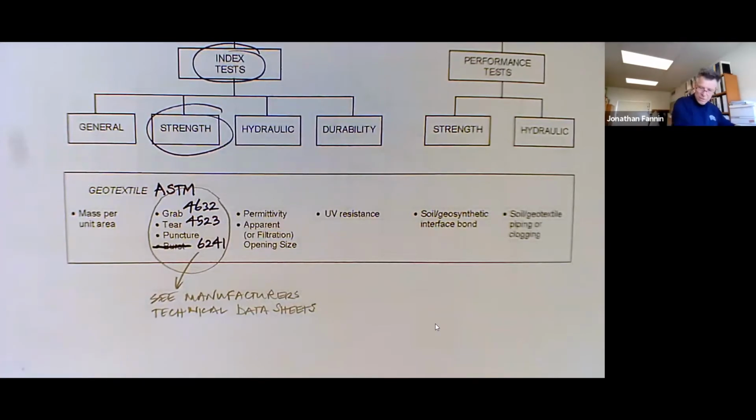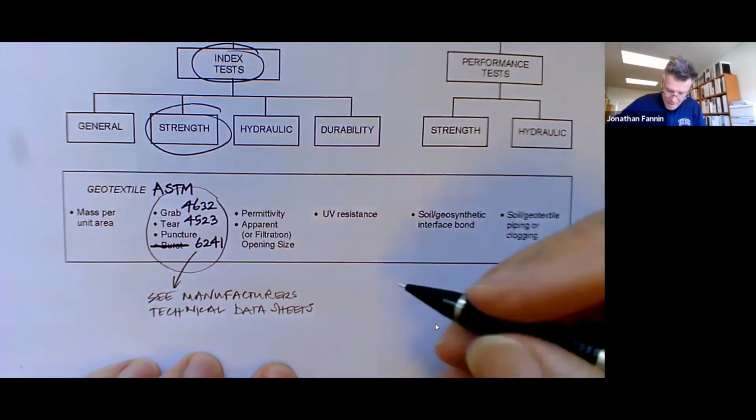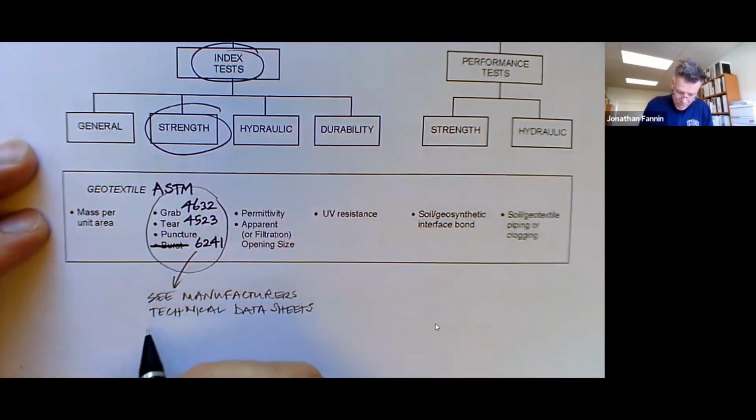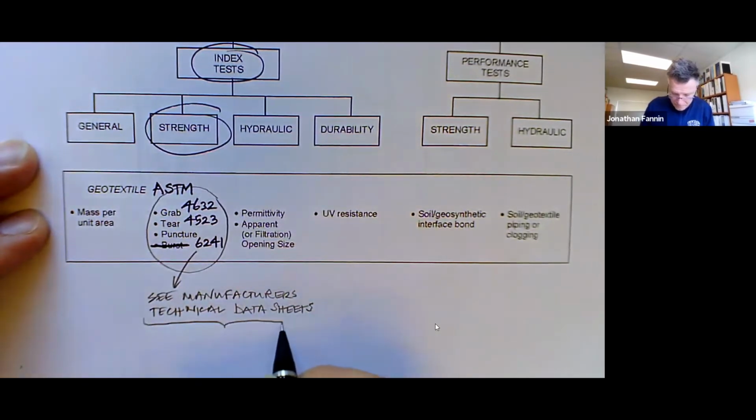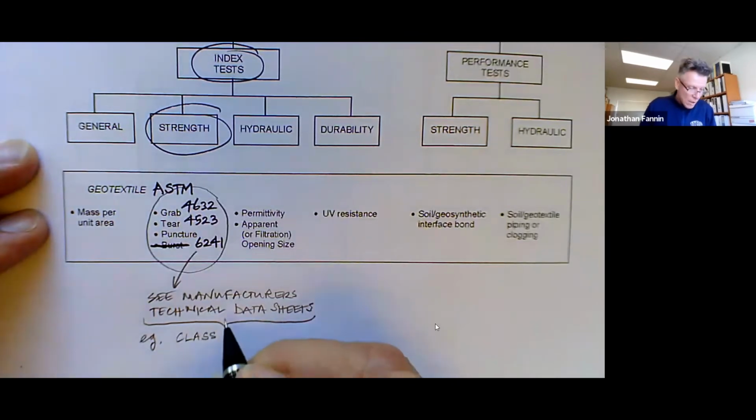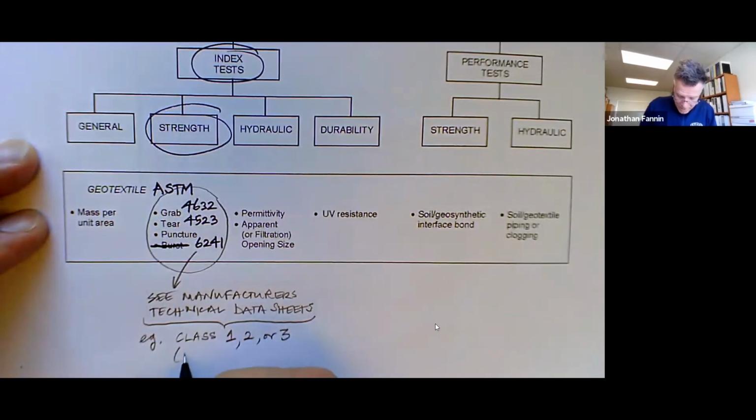Maybe let's look at this as class 1, class 2, class 3. And so it's really a categorization, not a classification, but they get labeled as class 1, class 2, or class 3 with AASHTO.